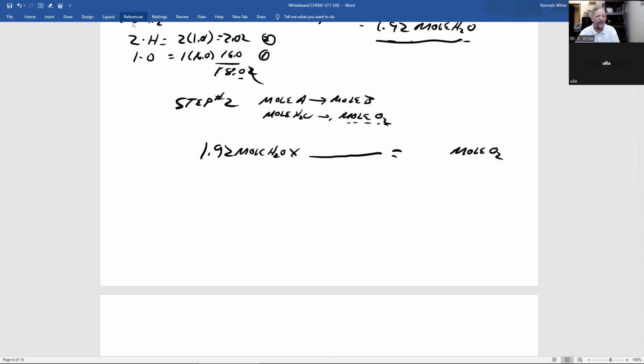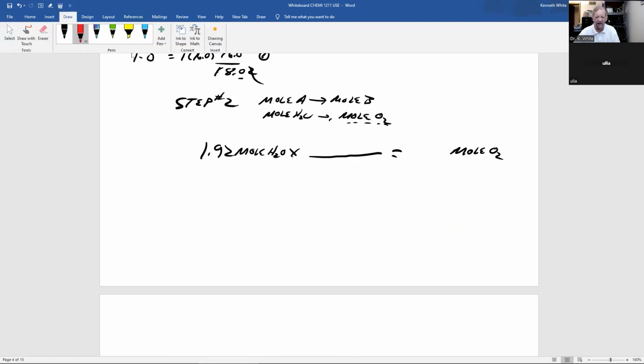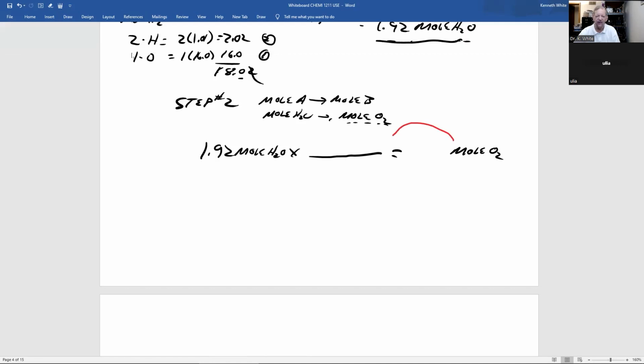And now, we know it's time to use our good friend, unit analysis. Whatever we're trying to get to goes on top of the ratio. Whatever we're trying to get rid of goes underneath.